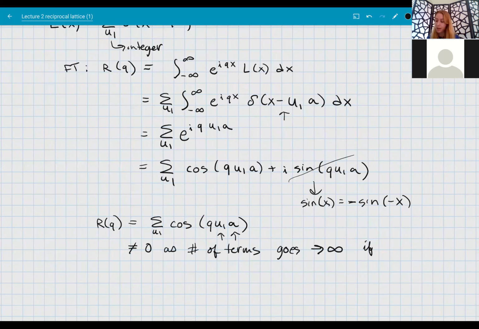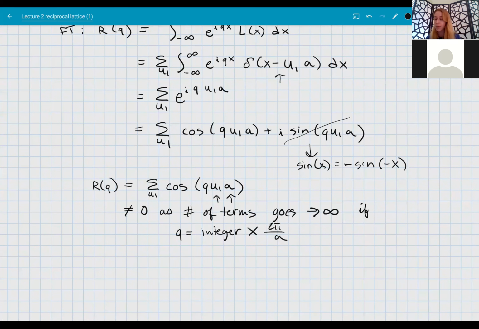if each of the cosines is equal to 1. So if Q is equal to some integer times 2 pi over a. If you consider all the possible values of Q that make this Fourier transform not be equal to 0 in the limit of an infinitely large system, then what you end up with is that the permissible values of Q are as follows.